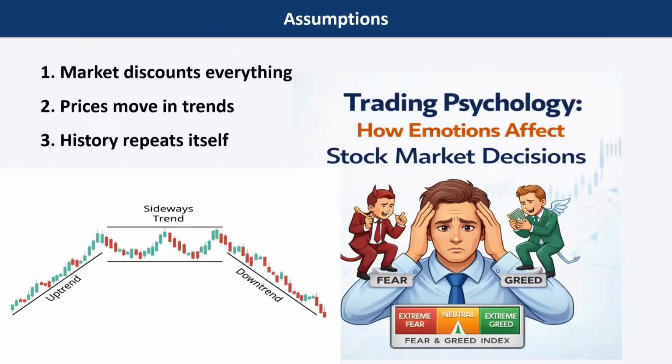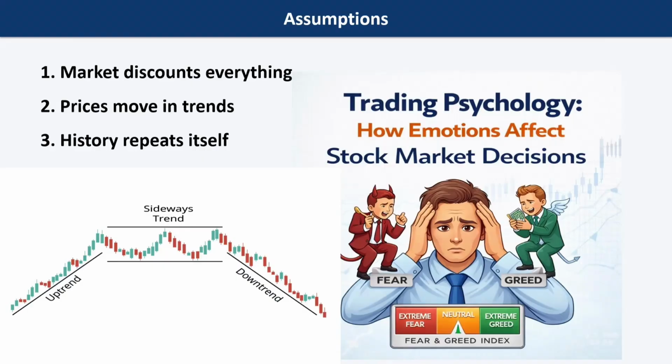Now we will discuss the assumptions of technical analysis. See here, the first one, market discounts everything. What does it mean? Imagine a company announced excellent quarterly profits, and thousands of investors immediately react when the company announces its profits. Because of that reaction, the stock price changes quickly.